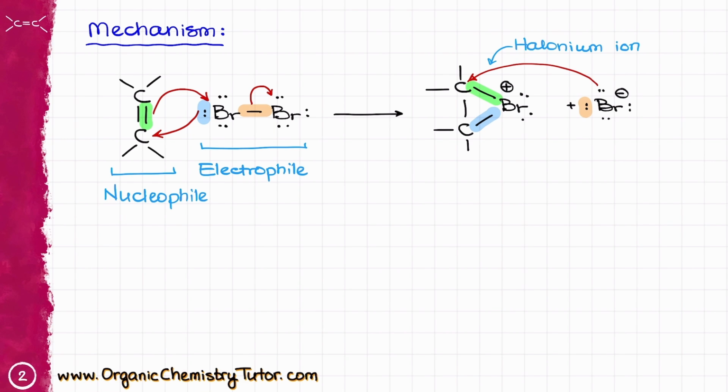That means that the green electrons now have to go back to my Br+, and that's going to give me my final product where each carbon is connected to its own bromine atom. And for as long as we are dealing with simple halogenations like that, our reaction is always going to be just a simple two-step reaction, starting with the electrophilic attack, followed by the nucleophilic attack.